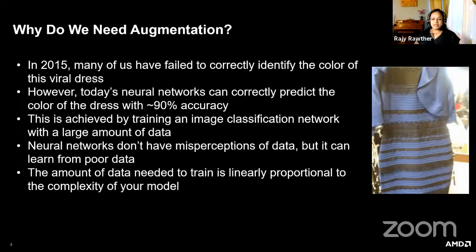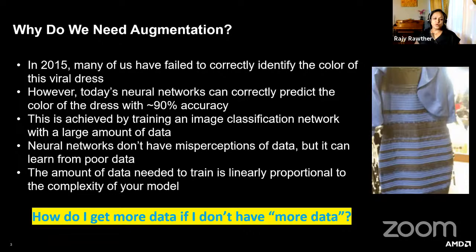Neural nets don't have misperceptions of data like human beings, but they can definitely learn from poor data. That boils down to the burning question for today's talk: how do I get more data if I don't have more data?